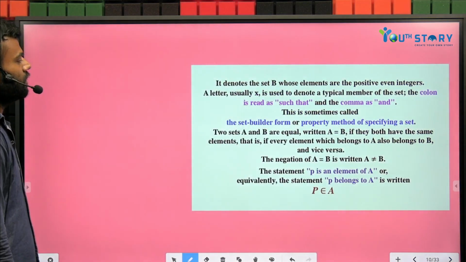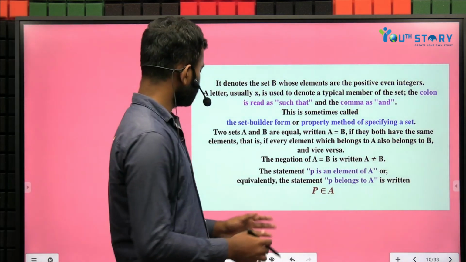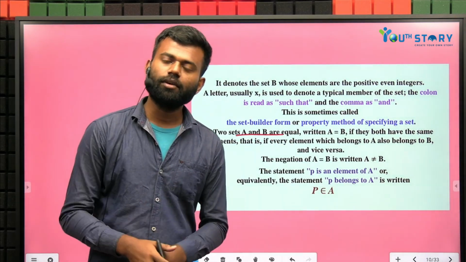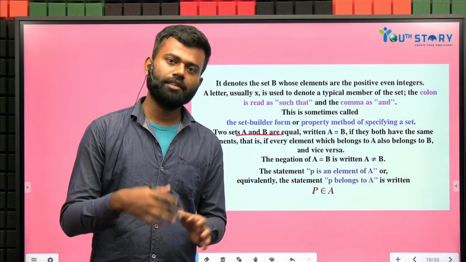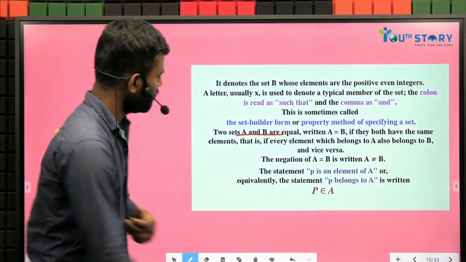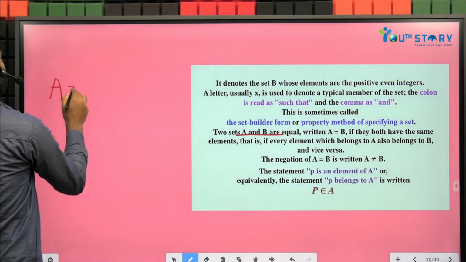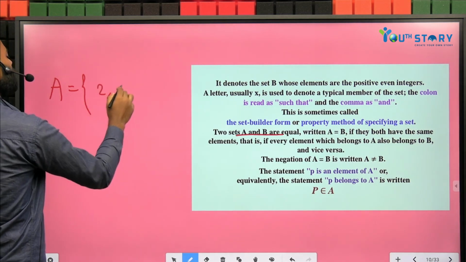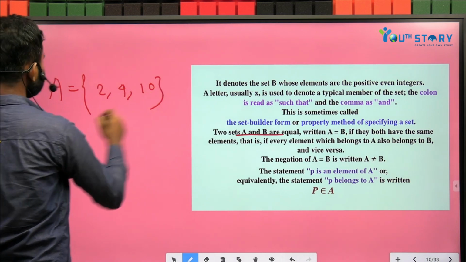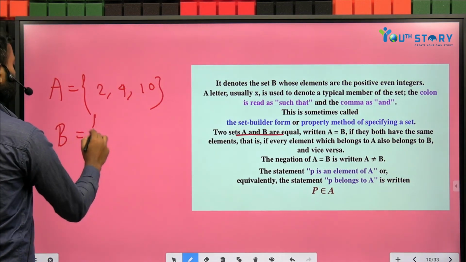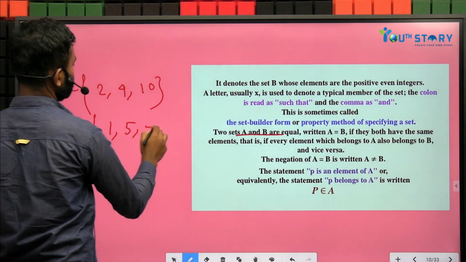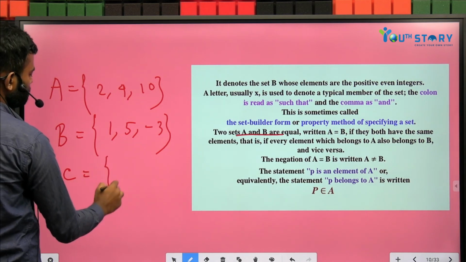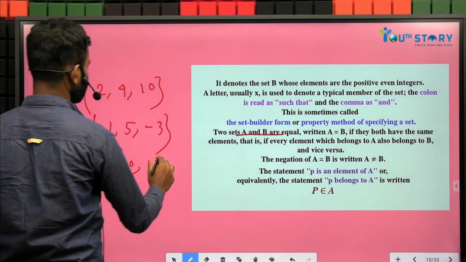Now suppose we take two sets A and B and we define them as equal if the number of members in the sets is the same. Consider this set A, whose elements are 2, 4, 10, and another set B with elements 1, 3, 7.